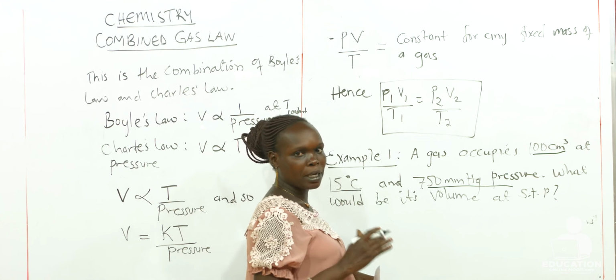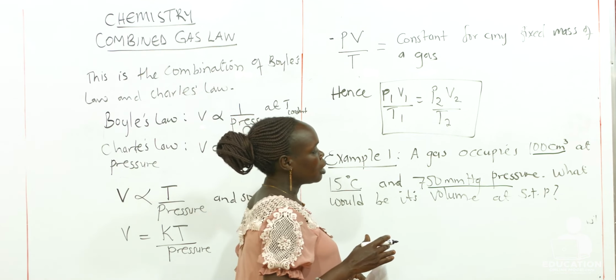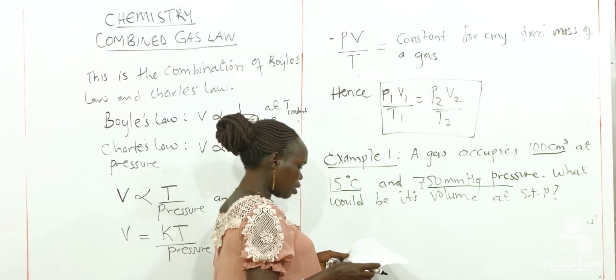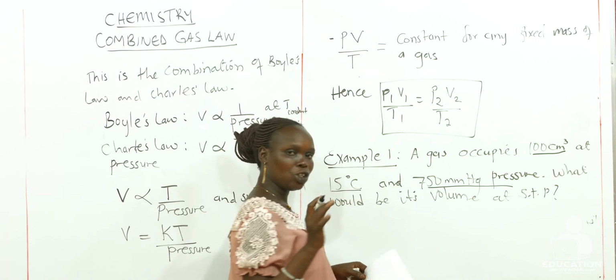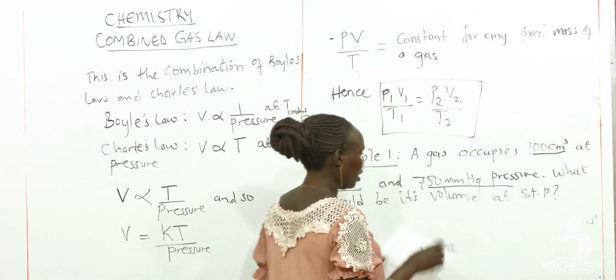You need to remember that the standard temperature has the value of 0 degrees centigrade, and when you convert it into Kelvin, we shall have 273.